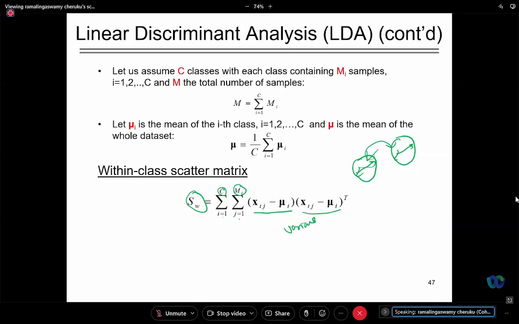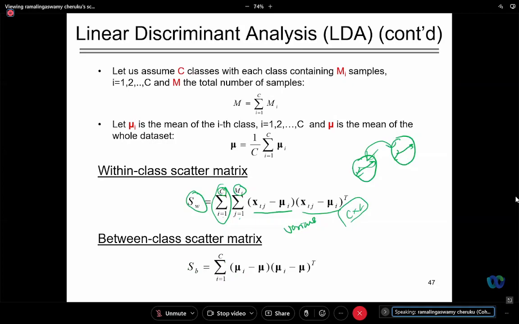For every sample you are finding this value, and then you are finding the covariance between them. Once you have found the covariance, you do it for C classes, so it's C cross C. The dimension of SW is C cross C. So the within-class scatterness is C cross C.